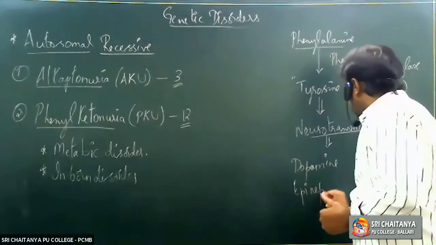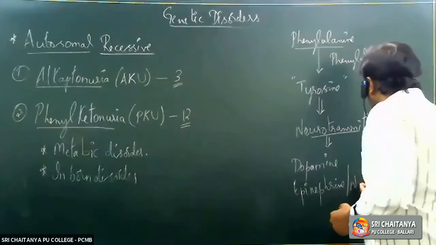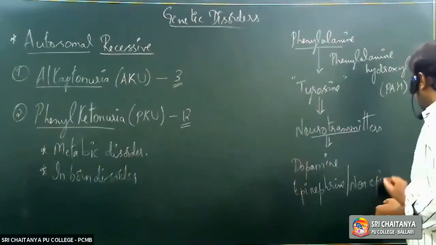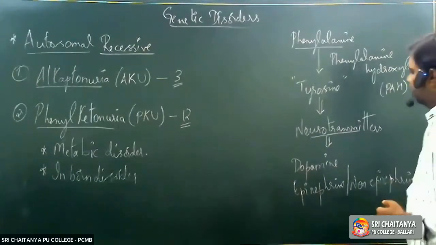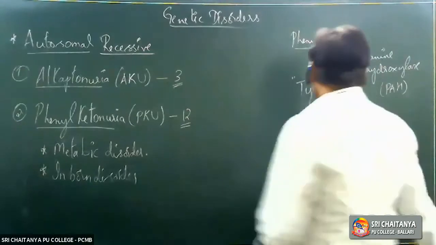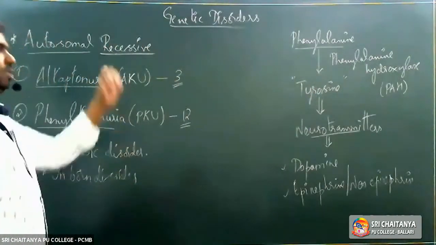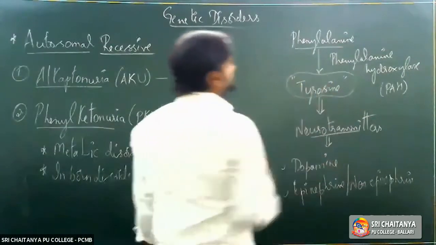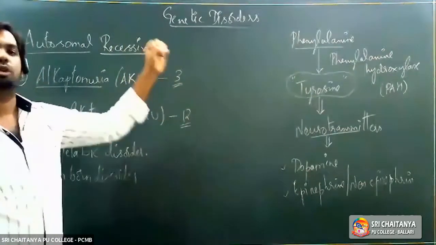I think you would have studied epinephrine. And then there is norepinephrine, also a neurotransmitter. So for the synthesis of neurotransmitters such as dopamine, epinephrine, and norepinephrine, this amino acid called tyrosine plays a very important role. It acts as a precursor for their synthesis.